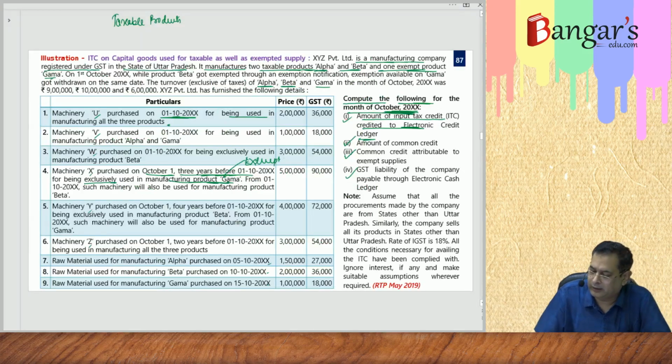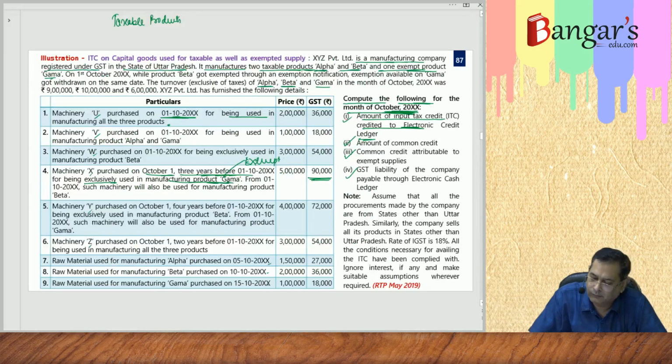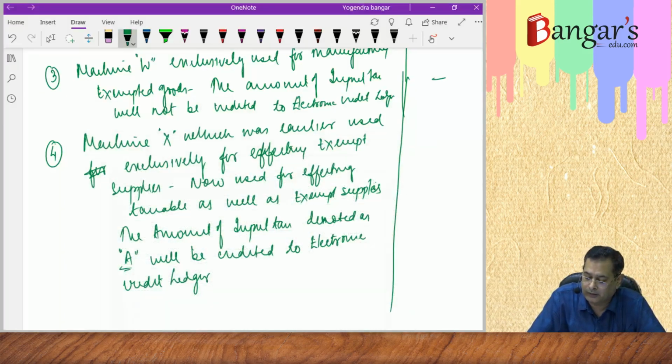Because earlier credit was not taken, now the entire amount will be credited where? In the electronic credit ledger, that is 90,000 rupees.